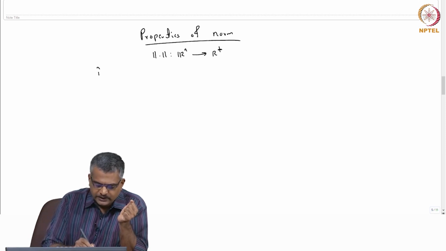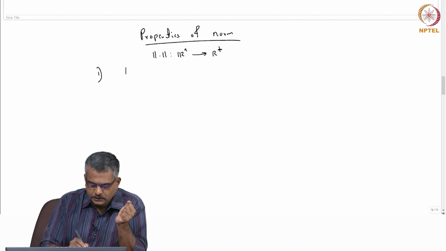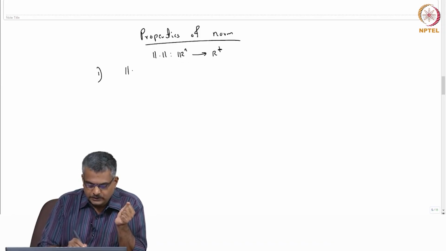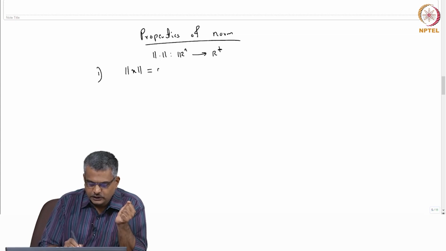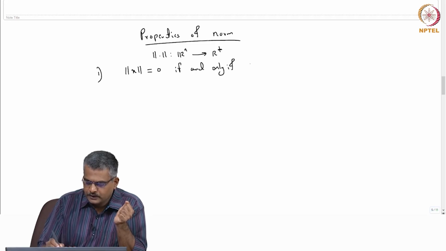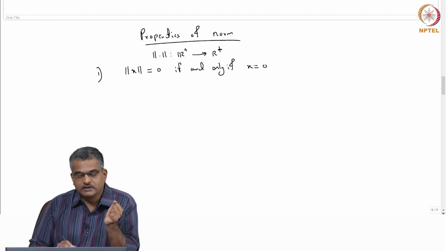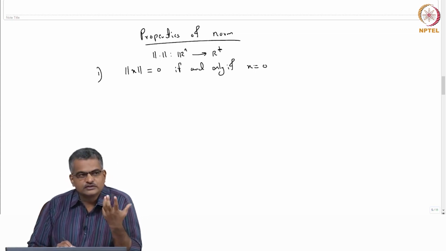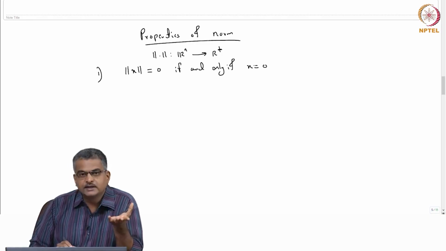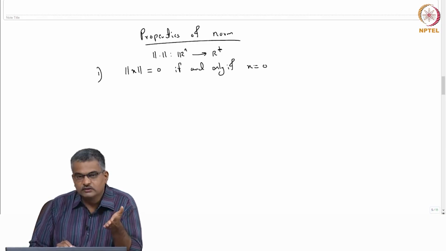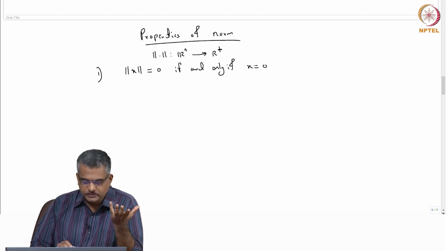So, the first property is the positivity property. That means the norm of x is equal to 0 if and only if the vector is the trivial vector. If you show the norm of some vector is 0, that means the vector has to be identically equal to 0, and conversely if you take a 0 vector, its norm is 0.